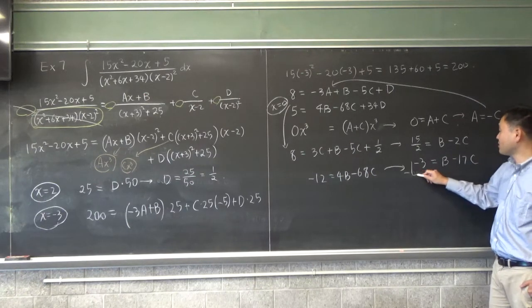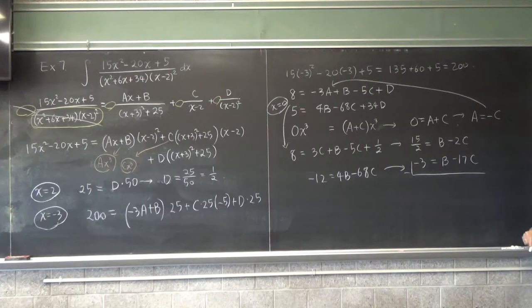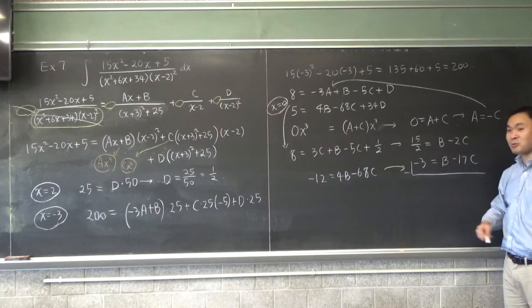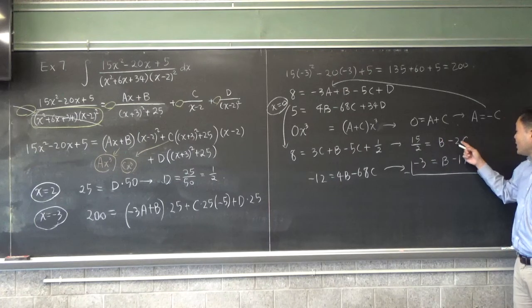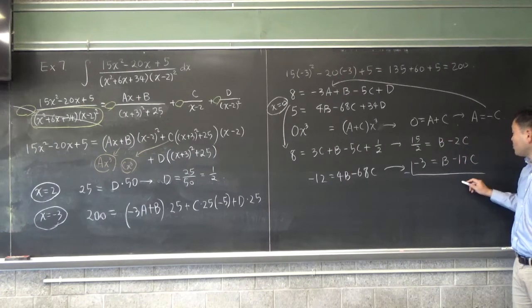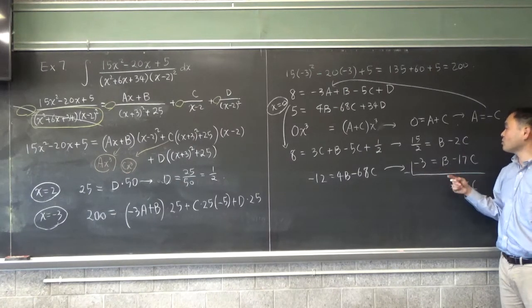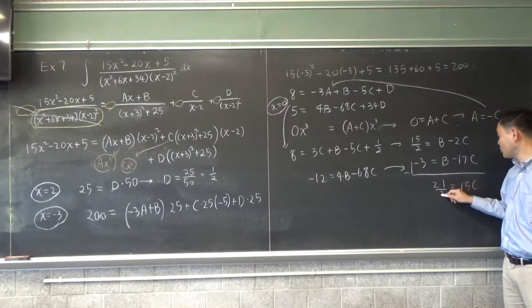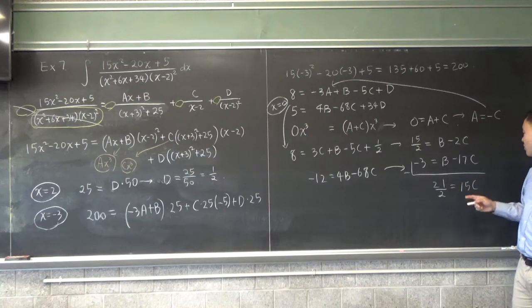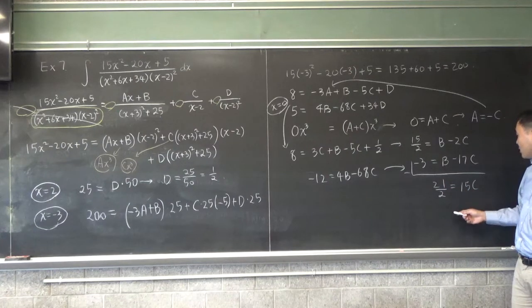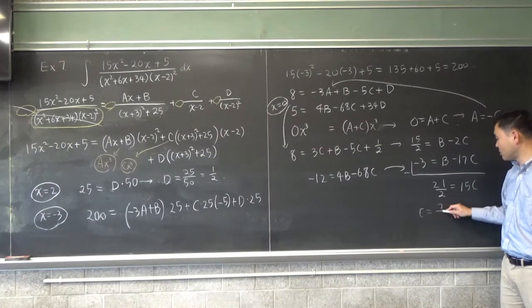Then you subtract. Why do I want to subtract? Because then b minus b is 0, so they cancel away. Negative 2 minus negative 17 gives you positive 15c. Plus 3, 6 over 2, 21 over 2. And therefore, if you divide by 3, that's 7 over 10. So you get c equals 7 over 10.